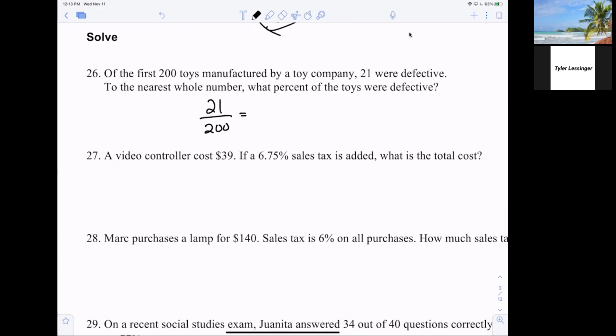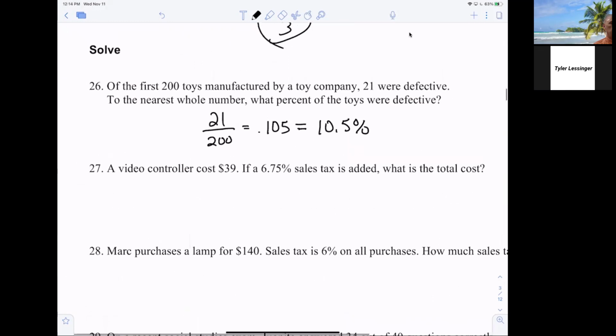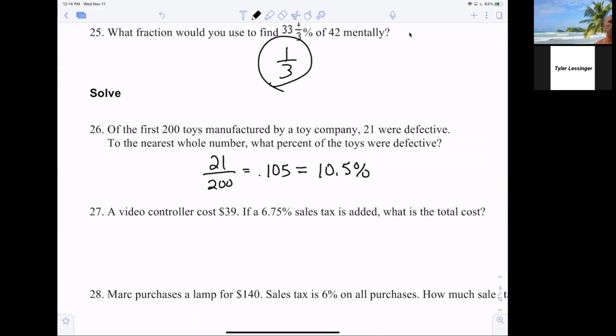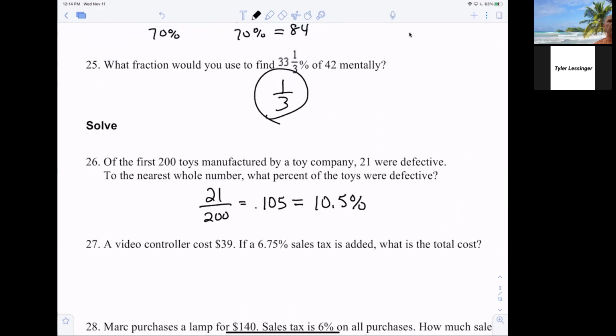And if you do that, that's what decimal? Is that right? And then what percentage? Yes. What's the matter? 1/3. 33 1/3% is 1/3, right?